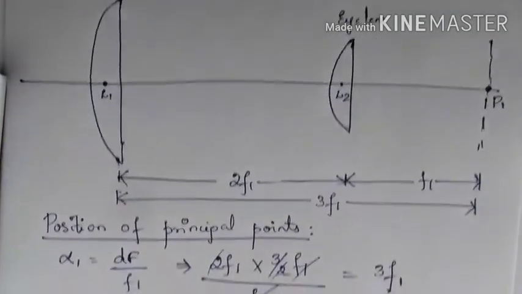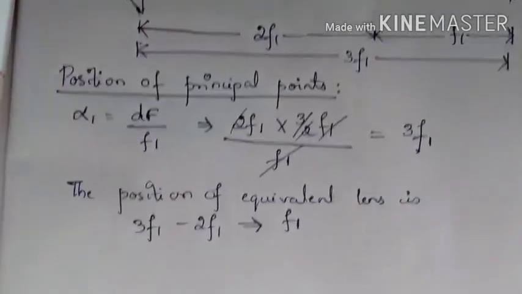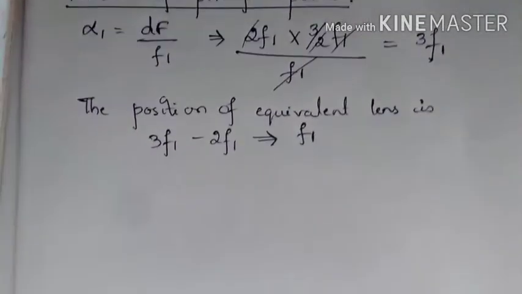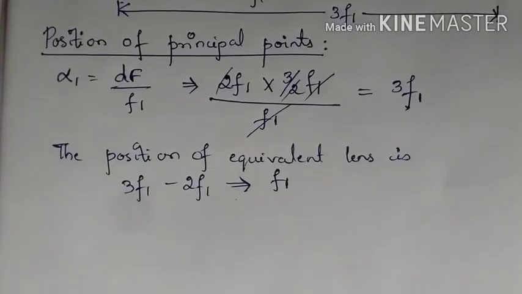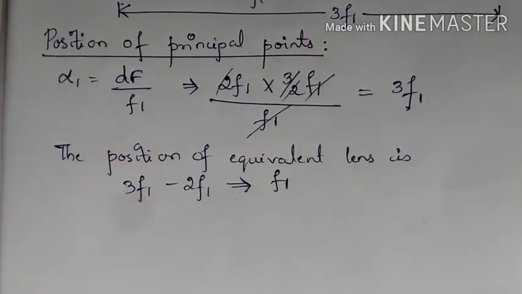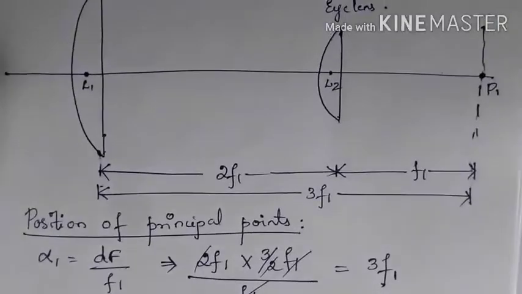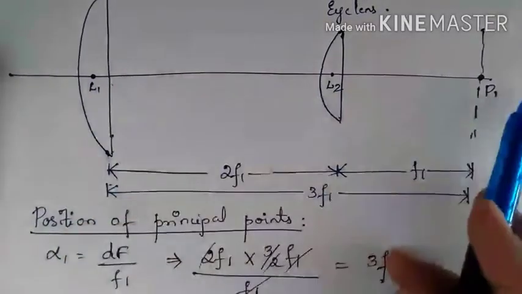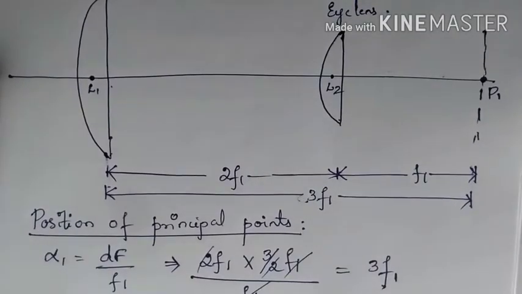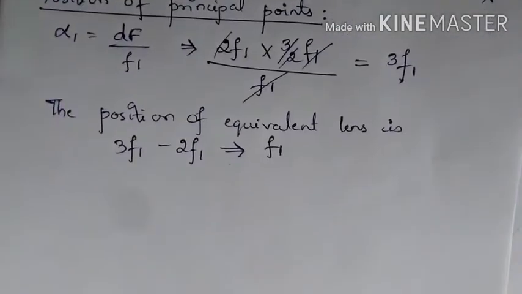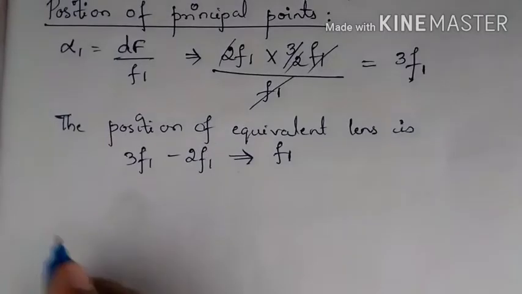So now next let us find the P2. So that is the position of second principal point. So first principal point is lying where? It is lying at a distance 3f1 from the field lens. So if you observe from field lens, the P1 is at a distance 3f1. So now let us find the second principal point.